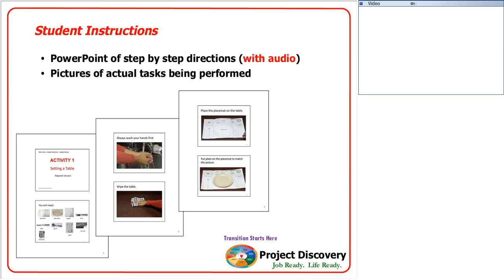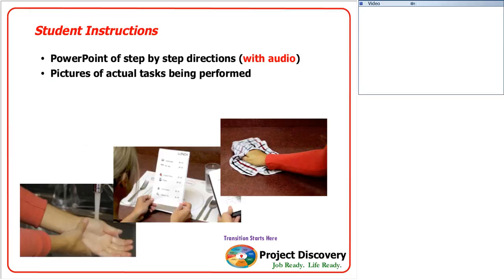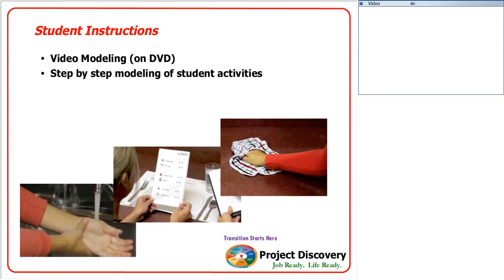So you go through that with a PowerPoint. And then you show them the video model, which is on a separate CD in the back. It gives them a step-by-step. It just brings the student instructions to life. So it's the exact same instructions. It's just presented on a video.